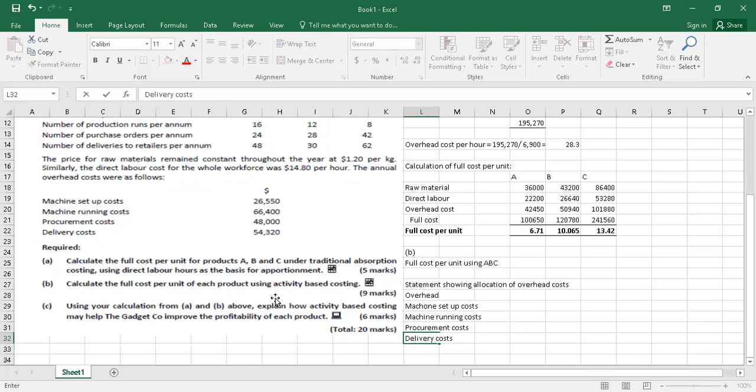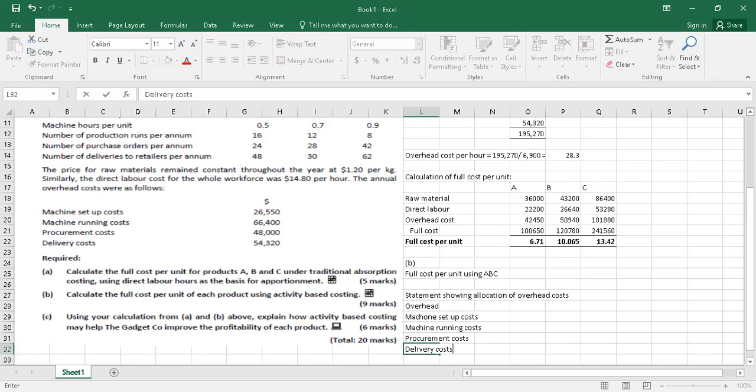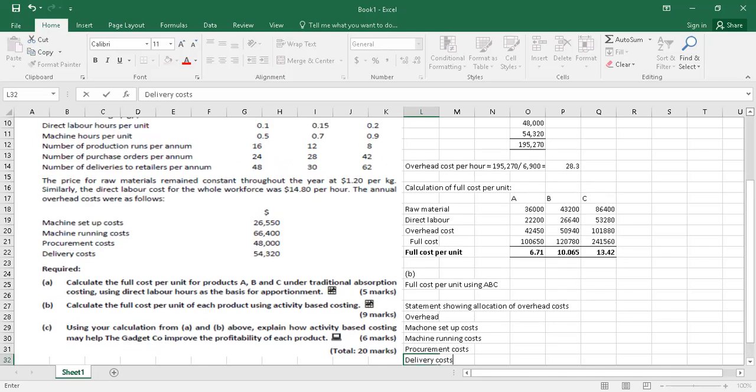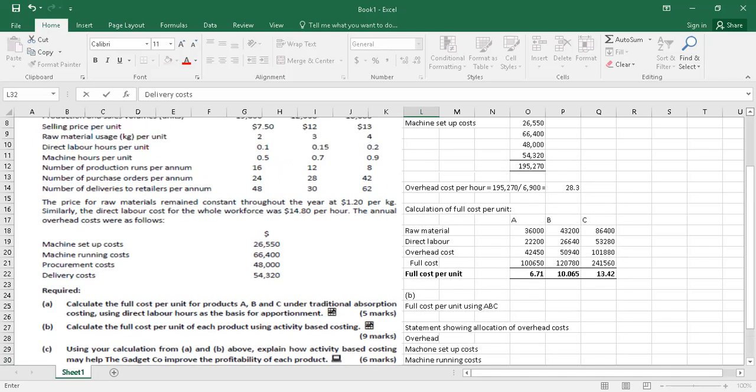Now we need to allocate them based on the cost drivers. So we need to identify the cost drivers for machine setup, machine running, procurement and delivery from the details provided.